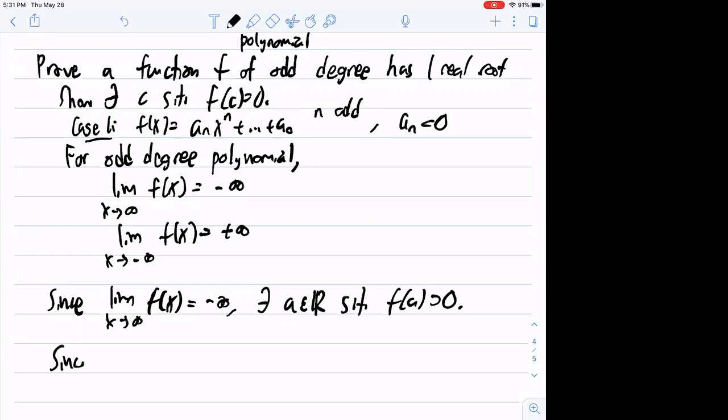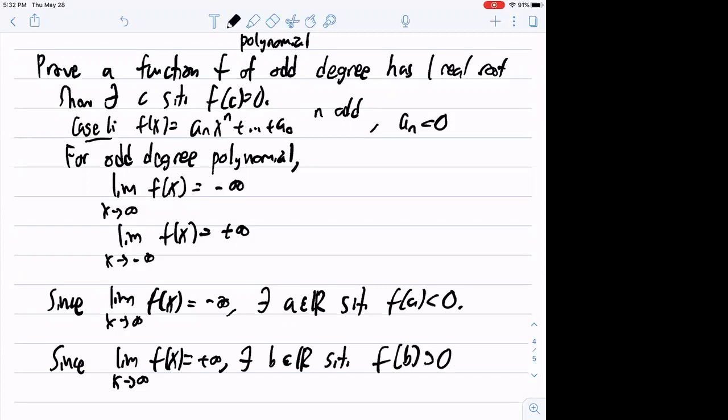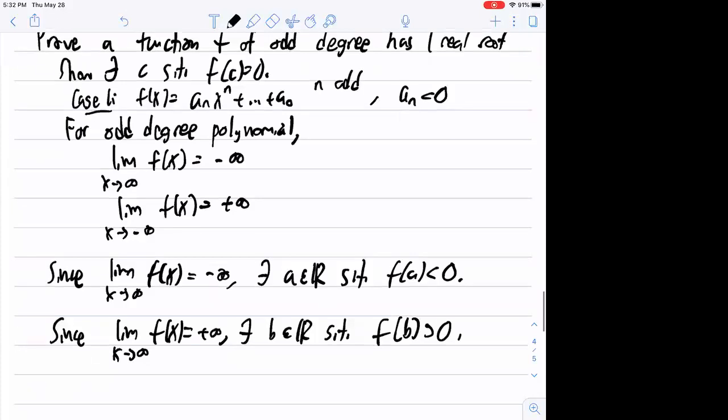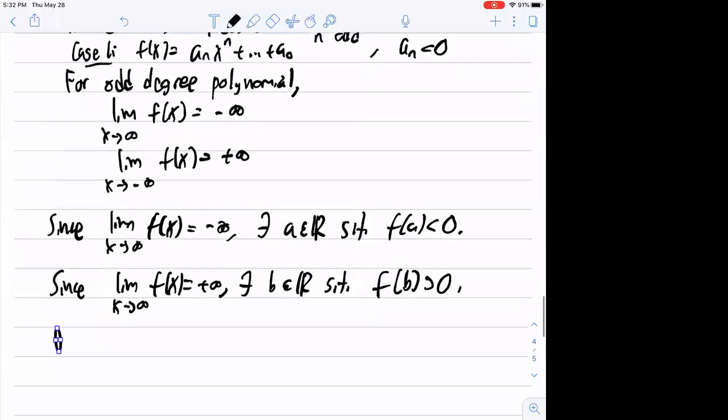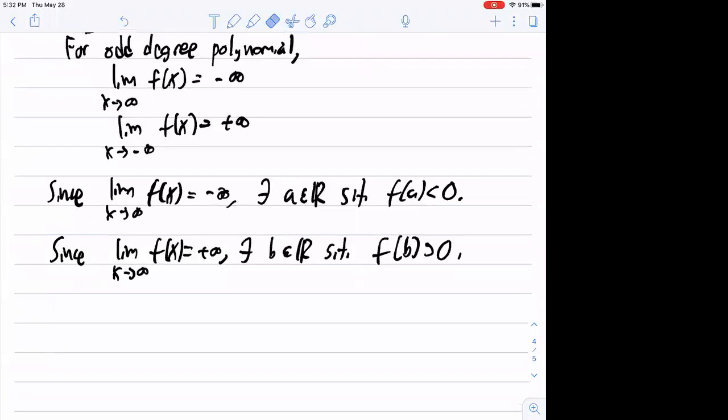And since the limit as x goes to infinity of f of x is positive infinity, there exists b in R such that, whoa, sorry, negative infinity, I need less than 0, right? Such that f of b is bigger than 0. And then you're done, right? So by IVT, there exists c in (a, b) such that f of c is 0.